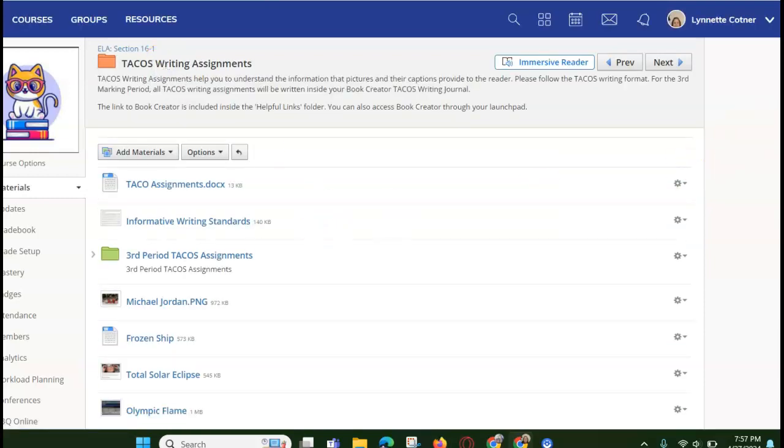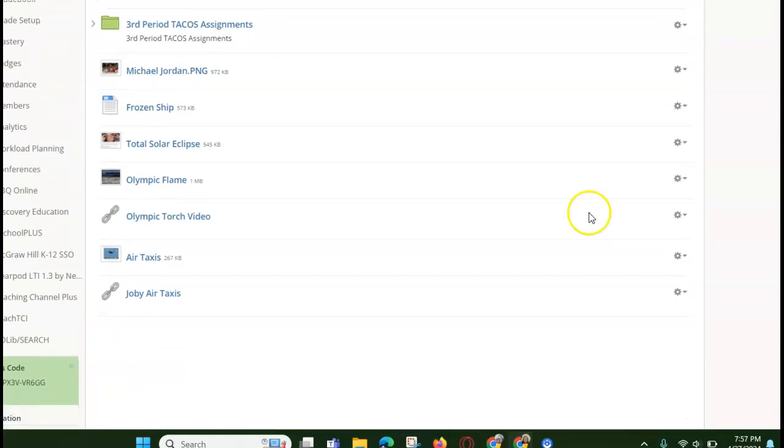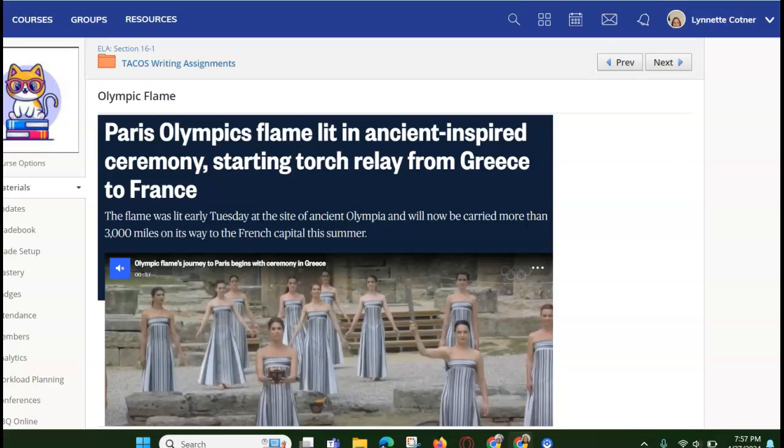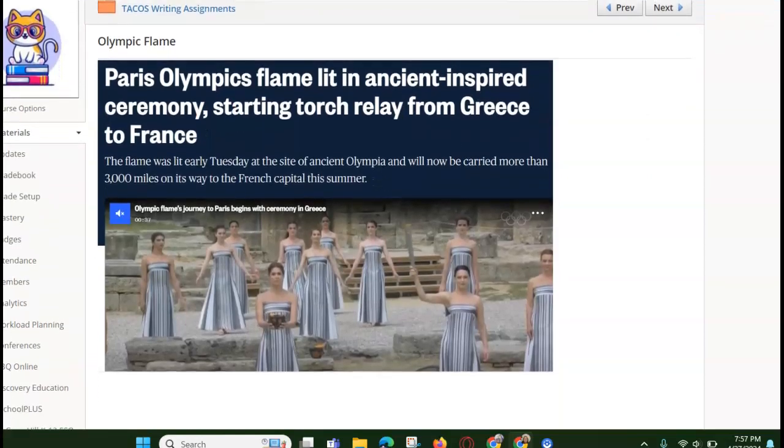And then you can see that we have various pictures with captions, and a few of them also have videos to bring the picture alive. So, if we were to click on Olympic Flame, you can see the caption. Paris Olympics flame lit in ancient inspired ceremony, starting torch relay from Greece to France.